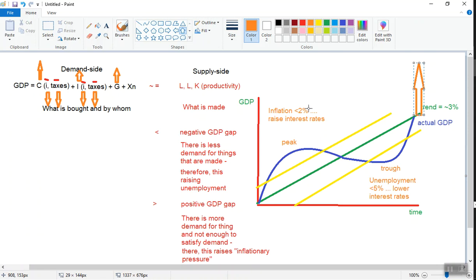So when you hear these concerns about inflation, those with money in the stock market are worried that inflation is going to eat away at the value of their investments or the value of their money and draw people out of the stock market. And then people with debt are less worried.